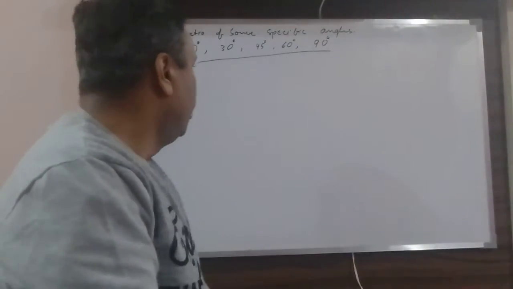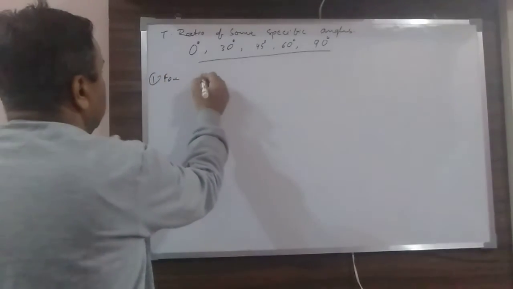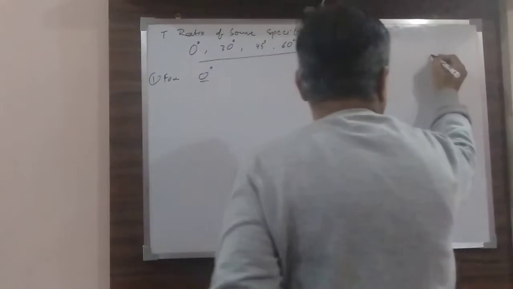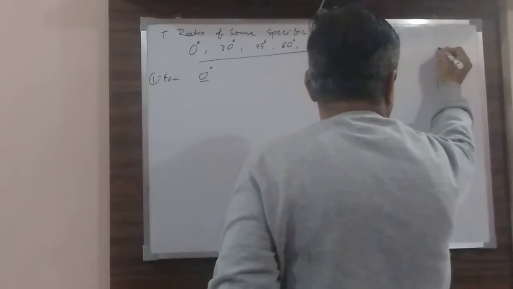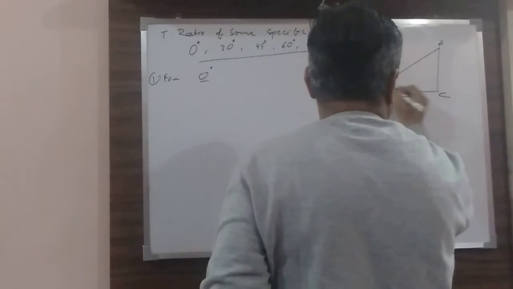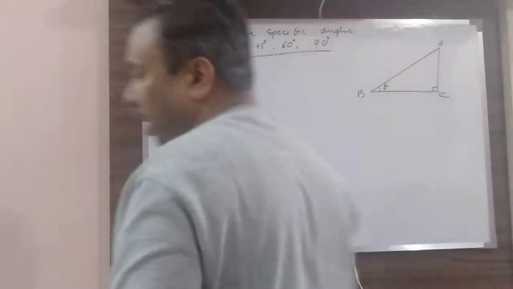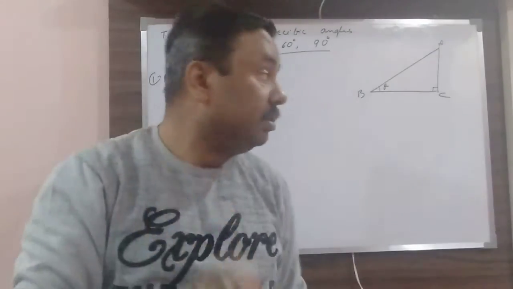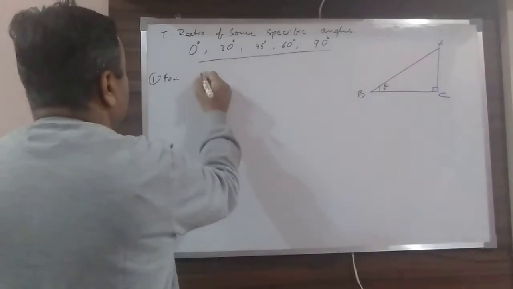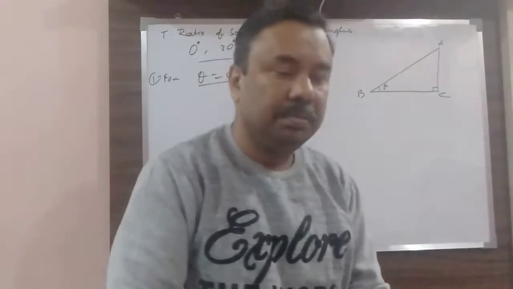Okay, so first, for 0 degree, what will happen? Just take A, B, C. This is theta. This is 90 degree. Okay. Now, just assume that this theta is equal to 0 degree, what will happen?